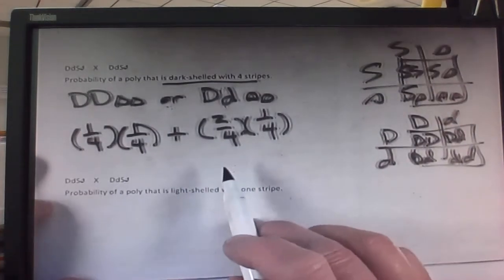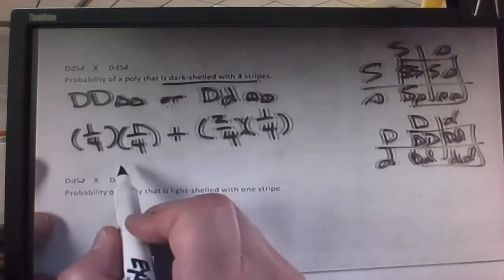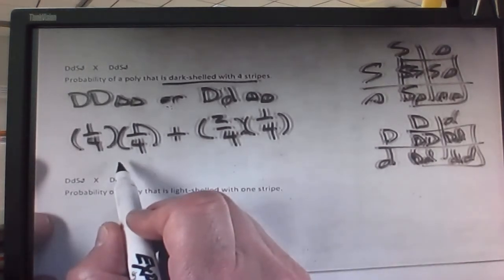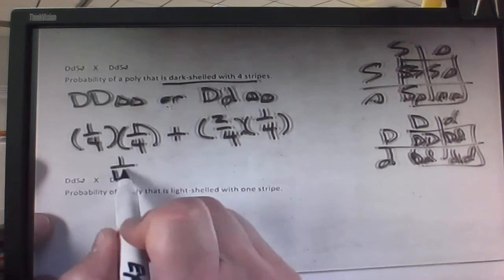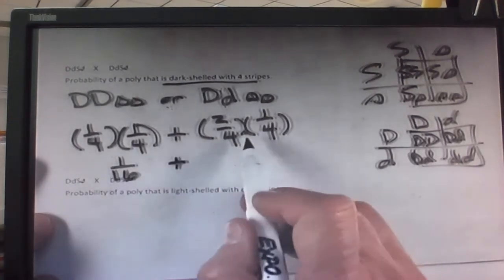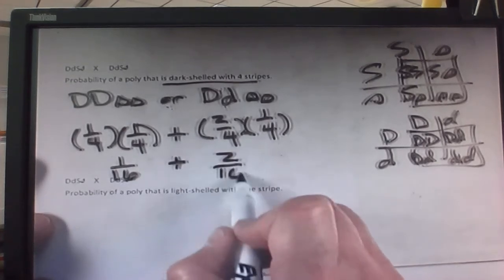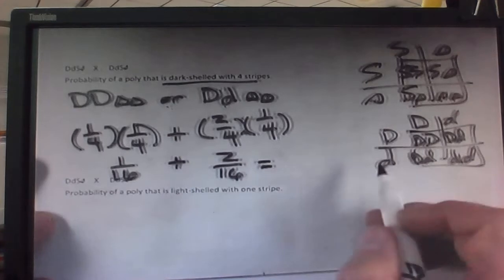All right, so in math, do I add or multiply first? Okay, so 1/4 times 1/4 is what? 1 times 1, 4 times 4. Plus, what's 2/4 times 1/4? What's 1/16 plus 2/16?